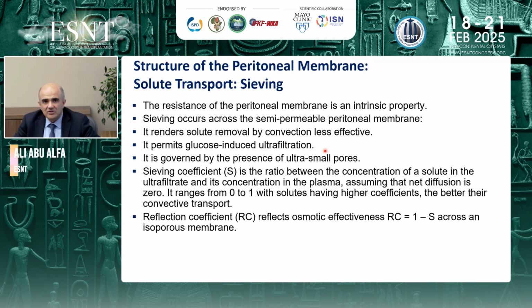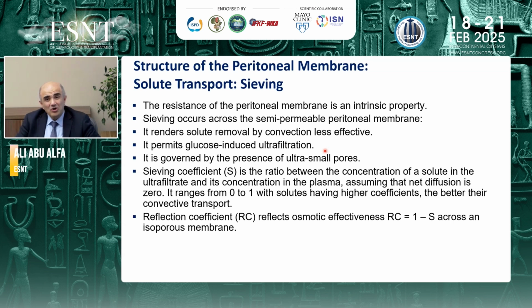So not to complicate this. If it is a high sieving coefficient, it means it moves better with convection. Putting it another way, sieving is the opposite of reflection, which means the membrane is reflecting that solute completely. That may be good on one side and not good on the other. It's not good when you want to move urea; if it is reflected completely, you can't move it from the plasma into the dialysate.